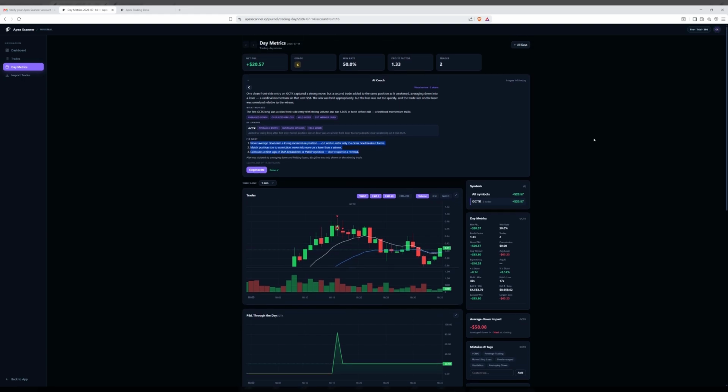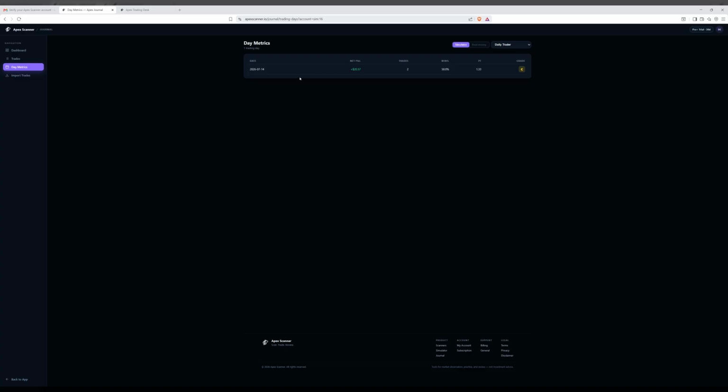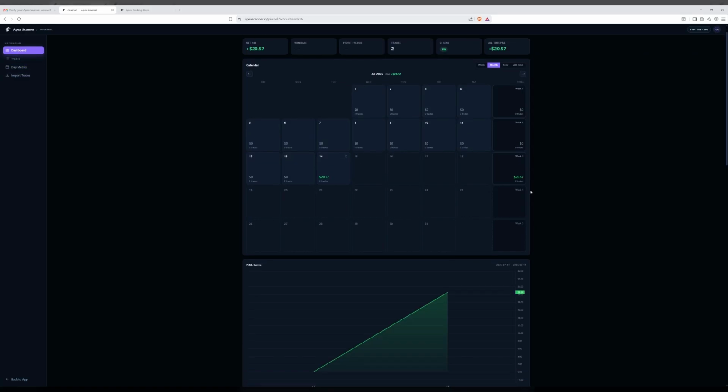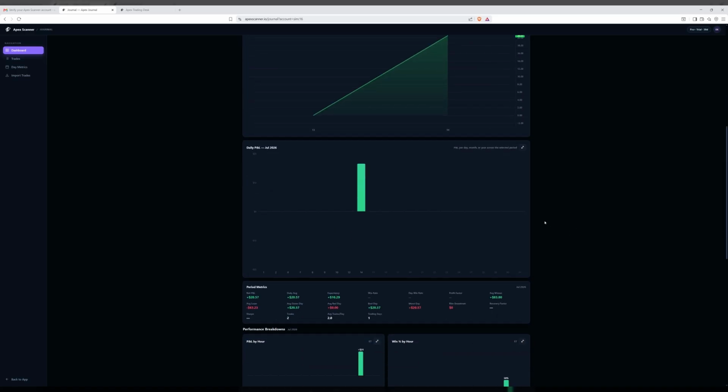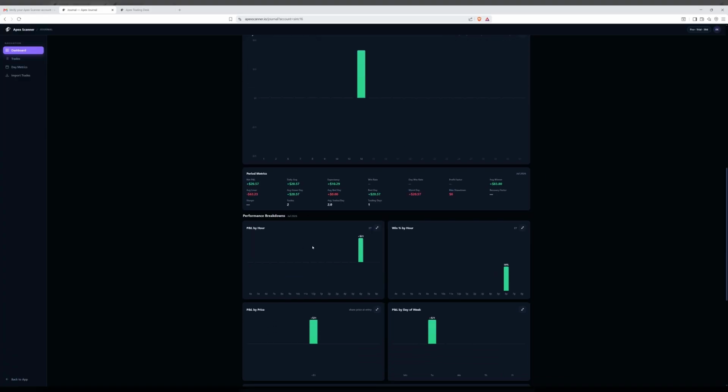And then if you go back to all days, it shows you what are the different metrics for this particular day. And then if you go to the dashboard, you will see it over here. At the main level, the calendar level, you have insights in terms of, for each month, what's your PNL for each of those days. And then you also have metrics like your PNL per hour.